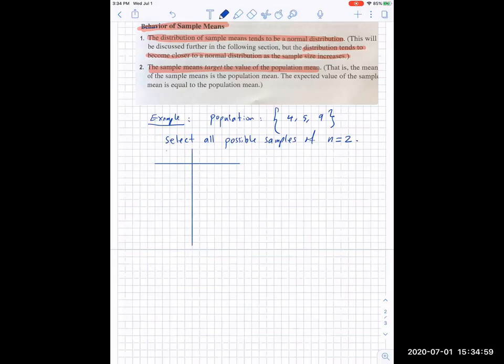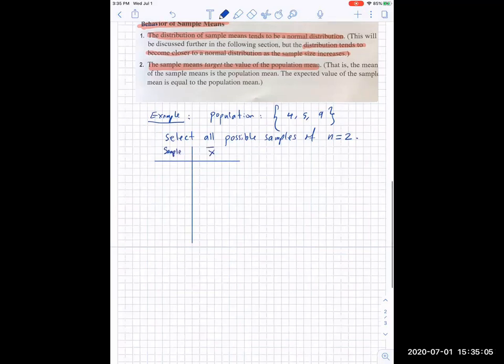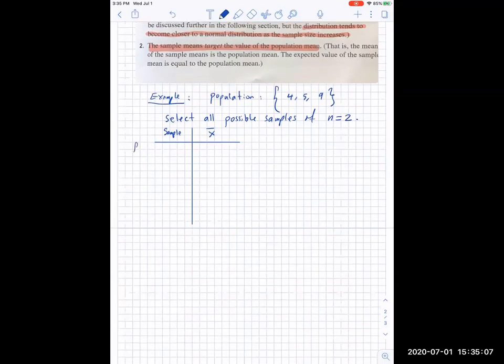Okay, so I'm going to make a column here, sample and sample mean. We're going to consider that these are samples taken with replacement, so repetition is allowed in the samples.